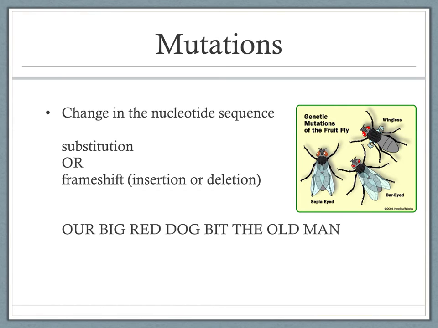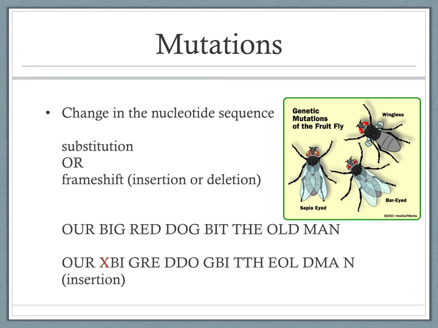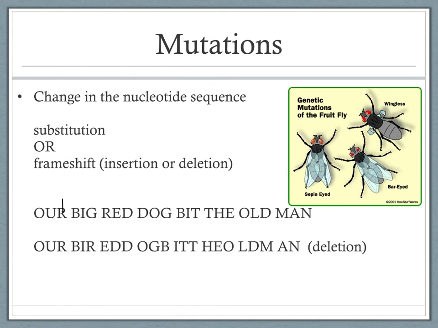We can use the 3-letter genetic code by analogy to this sentence, "Our big red dog bit the old man." A mutation can occur in a variety of ways. If we add in an extra symbol, notice how it garbles the message. No longer does the sentence make any sense. Likewise, if we delete one of the bases, the same type of garbling occurs.